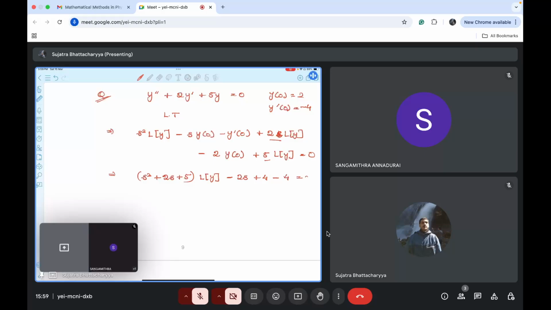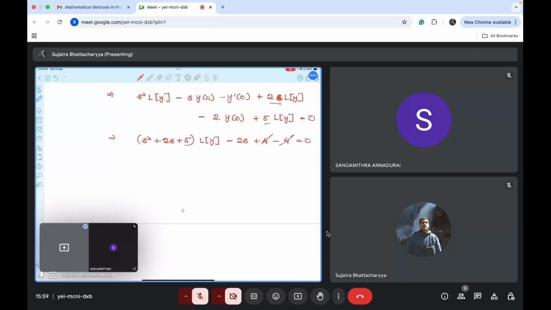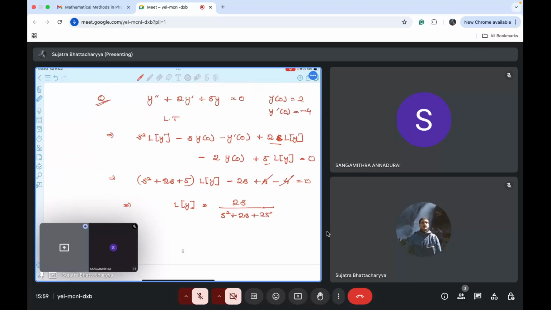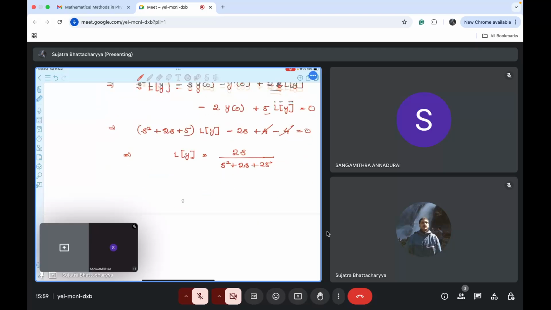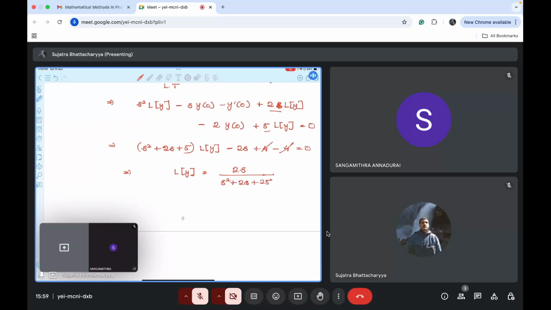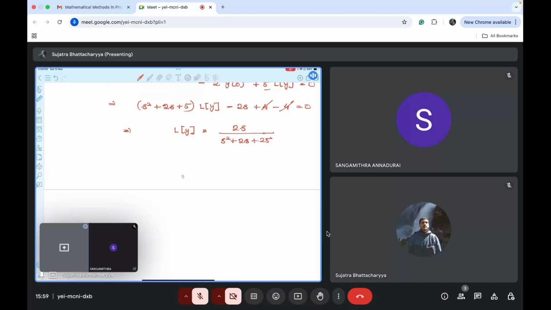So this is equal to 0. The 4 and 4 cancel out. So L of y gives you 2s divided by s square plus 2s plus 5. This is what I'm getting.